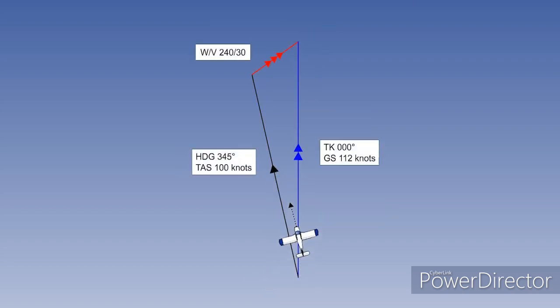Taking matters one step further, you should now easily be able to deduce that if a pilot wishes to fly due north from A to B at a true airspeed of 100 knots, with a prevailing wind from 240 degrees at 30 knots, the aircraft would have to head into wind to compensate for the drift. That situation is illustrated on your screen.